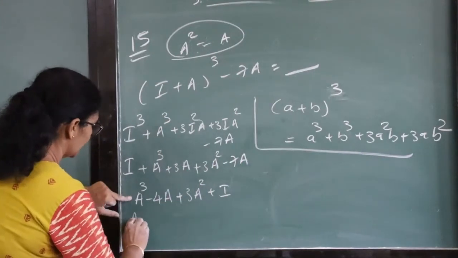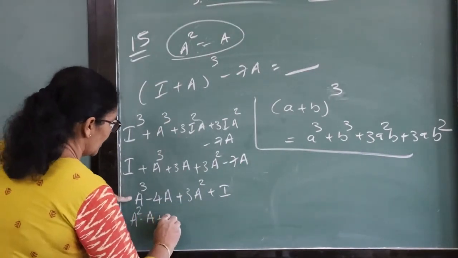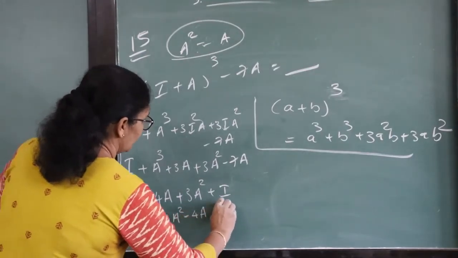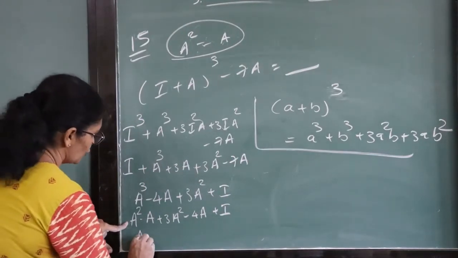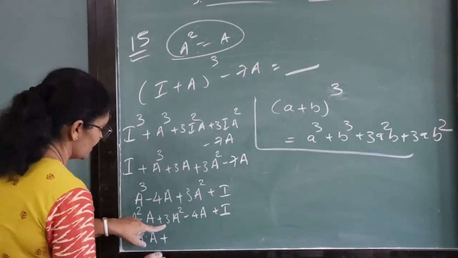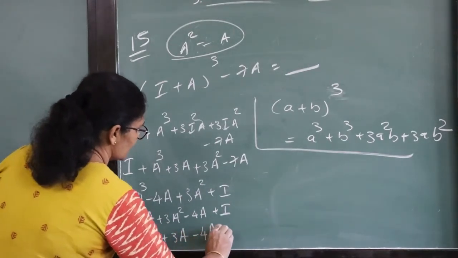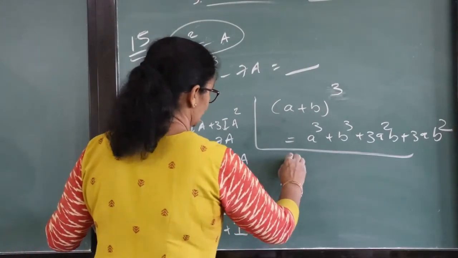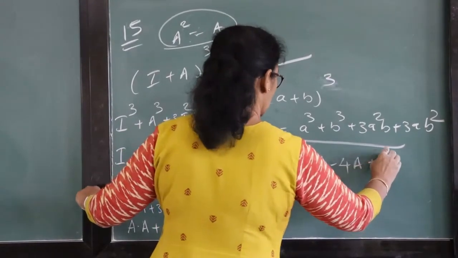So here we can split A cube into A square times A, plus 3A square minus 4A plus I. Now in place of A square I can write A, so A into A plus, and in place of this A square also I can write A, 4A as it is, plus I. Now A into A, again A square, plus 3A minus 4A plus I.